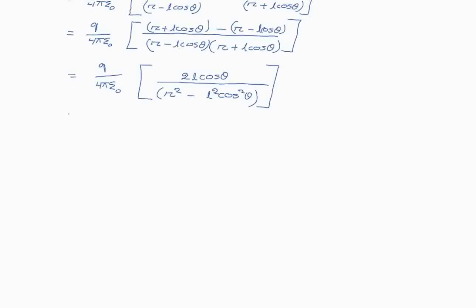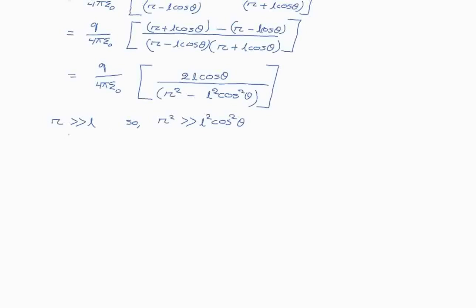But we know that r is very large than that of L. So r square again is very large than L square cos square theta. We know that the maximum value of cos theta is 1.